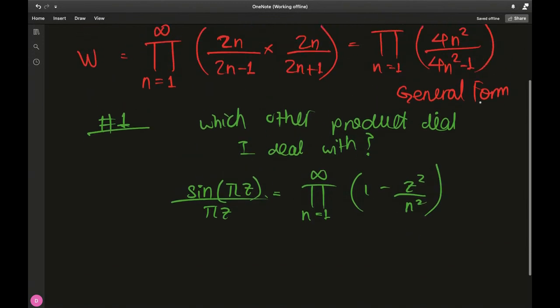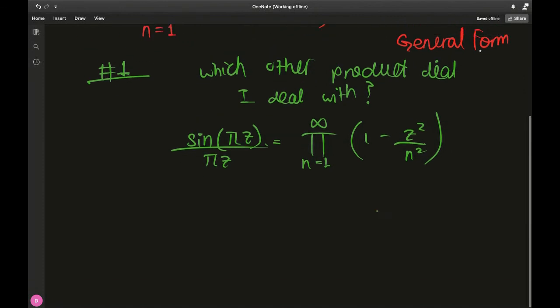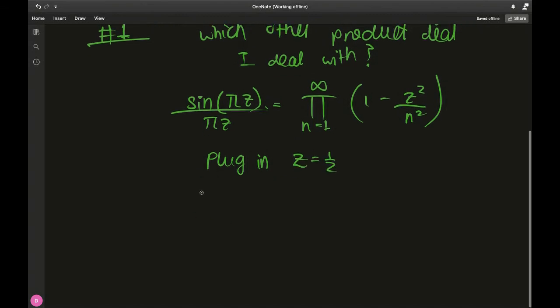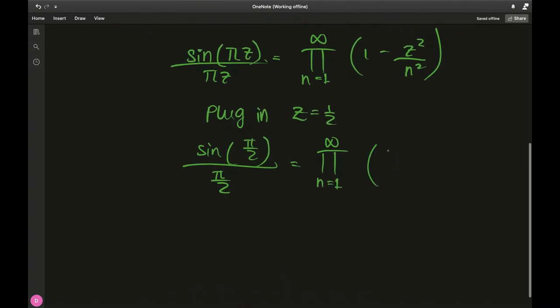And at this point you may say, how is that helpful? But now plug in z equals half. So you have sine of pi over 2 divided by pi over 2 being equal to the product from n equals 1 to infinity of 1 minus half squared, which is 1 over 4 times n squared.